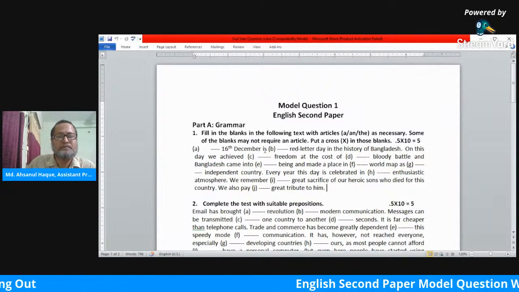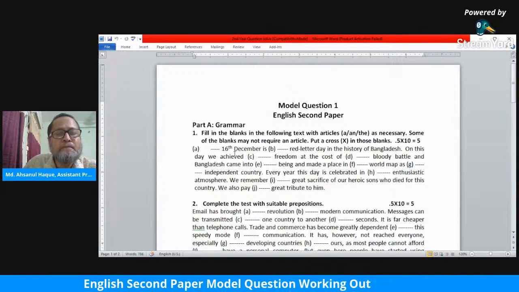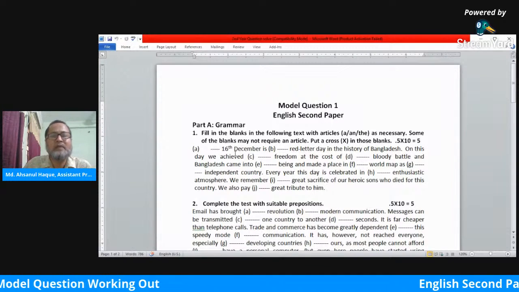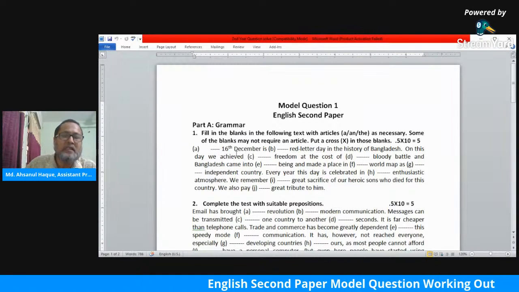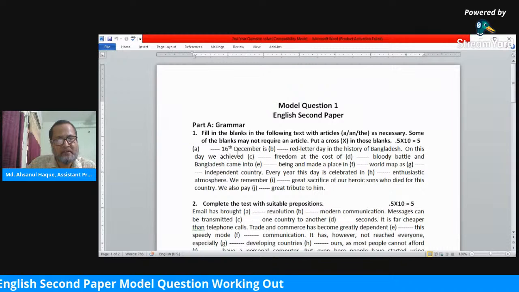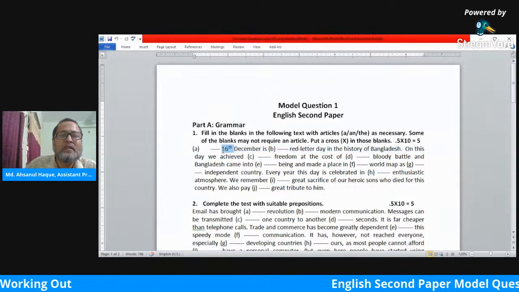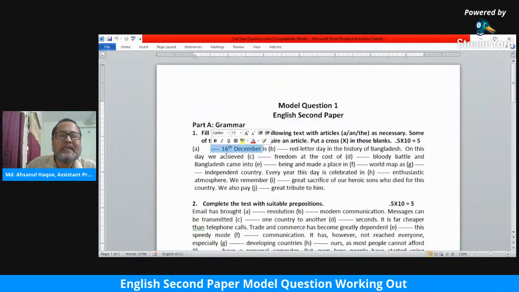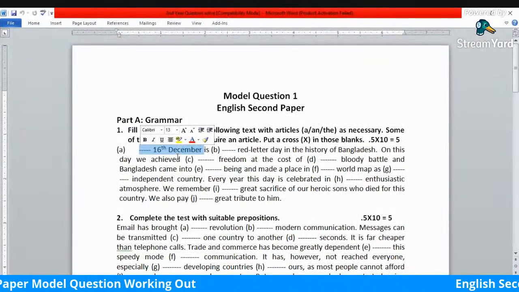We know that any number like first, second, third, fourth, fifth, 16th, etc., we use article the. So the 16th December, not a 16th December. This is very much certain. The date is certain. That is why there should be definite article the. The date is 16th December, the certain, fixed.